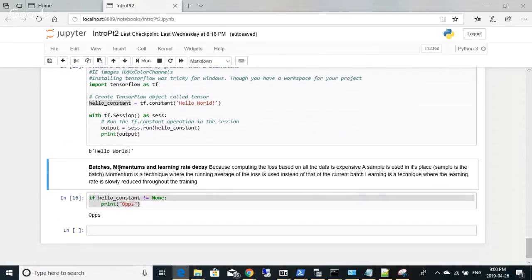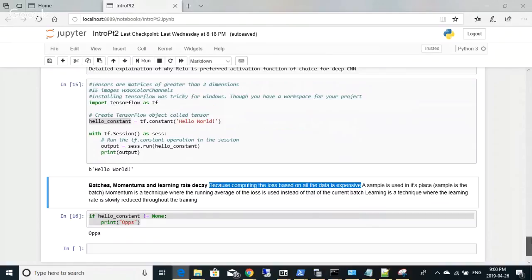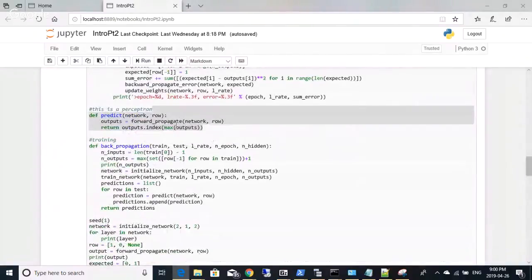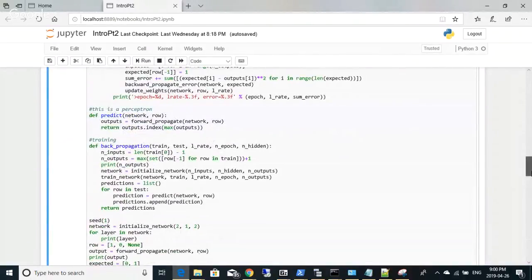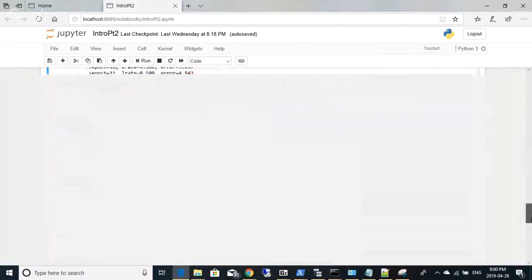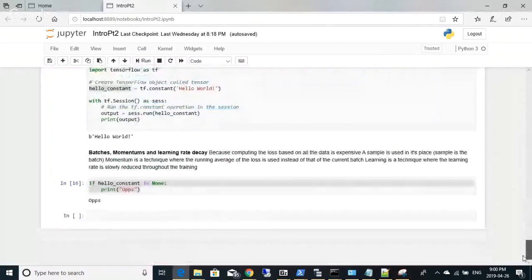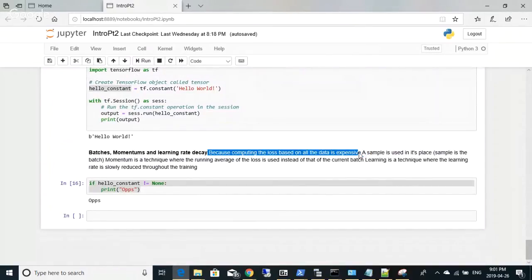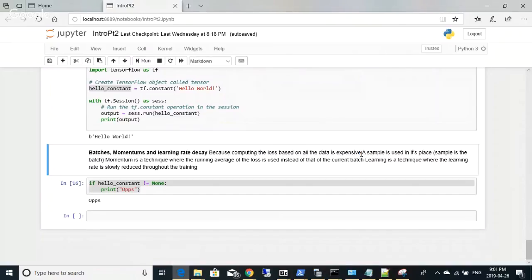Briefly about batches, momentum, and learning rate decay. Because computing loss based on all the data is expensive, we do stochastic gradient descent. All the examples implemented in code here are based on batches of one, but if you don't specify a batch, it's going to use all the data, and that is very time consuming.